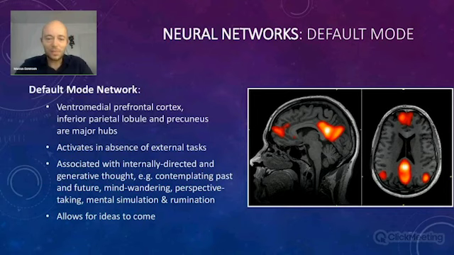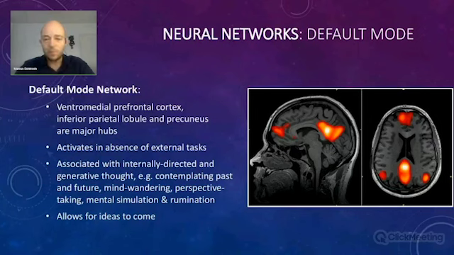Otherwise, there is always something going on. So what has been shown by different studies doing functional MRI scans is that this network is associated with internally directive generative thought, which means that we are contemplating the past and the future. So we're not in the now when this network is active.